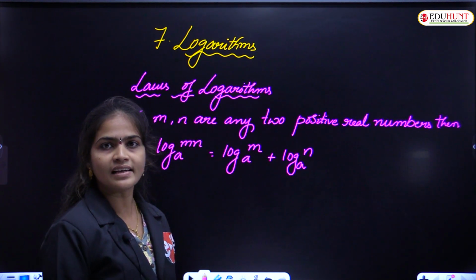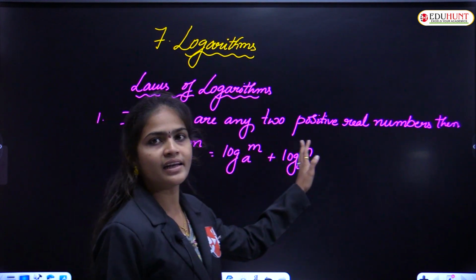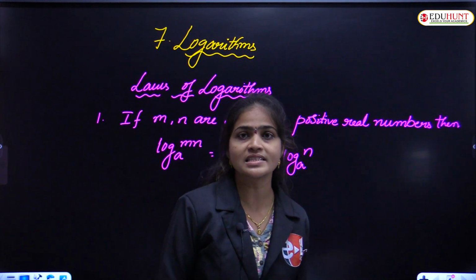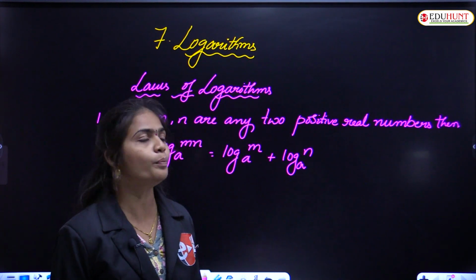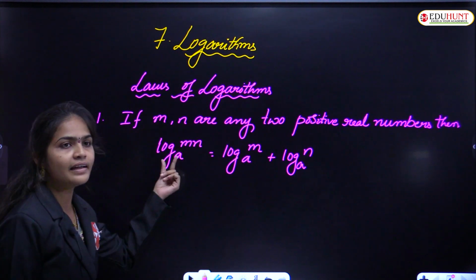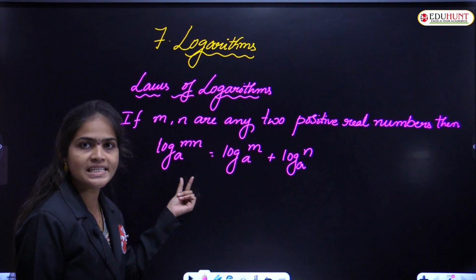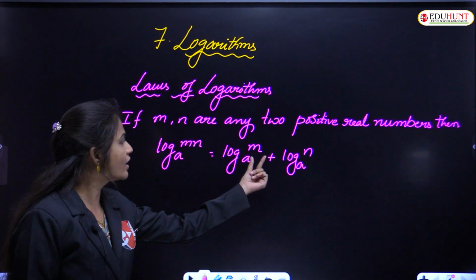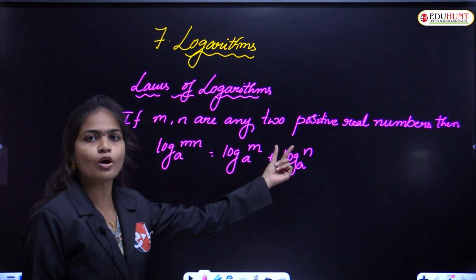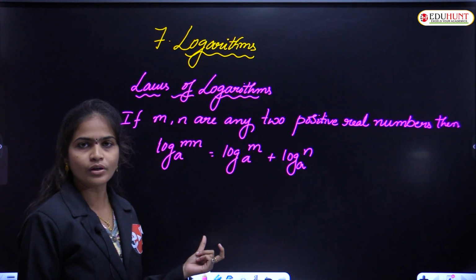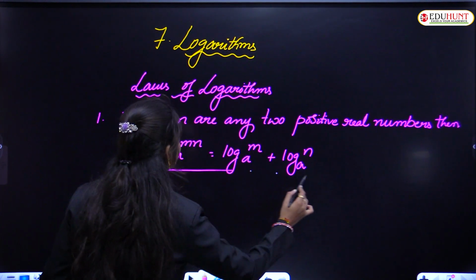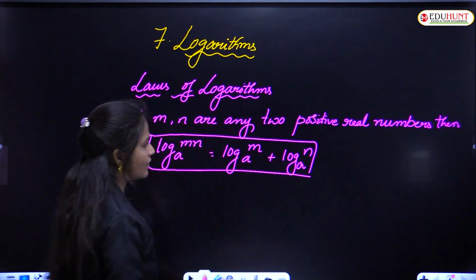So what is the law here? If m, n are any two positive real numbers, then log mn to the base a is equal to log m to the base a plus log n to the base a. We got that. This is one of the laws.